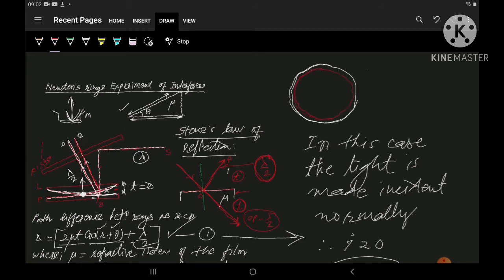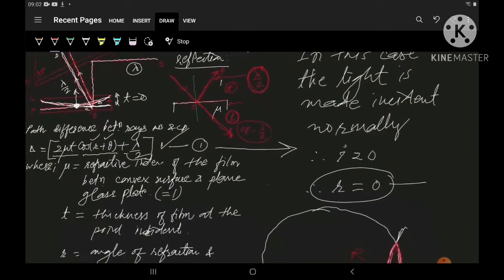This type of view we will find when we see vertically downward, and this is the point of contact where the thickness of the film is 0. So let's see which type of fringes we will find.